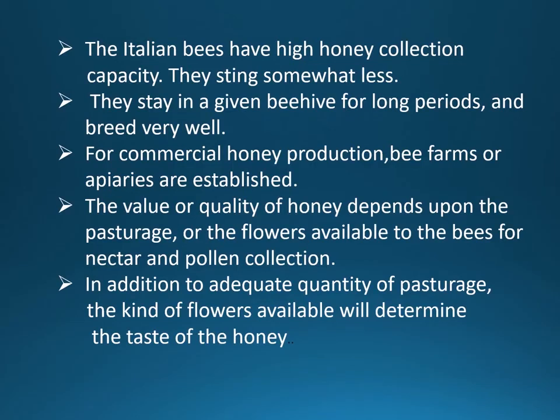So in addition to adequate quantity of pasturage, the kind of flowers available will determine the taste of the honey. இந்த ரெண்டு பாயிண்ட்டும் ரொம்ப important for the beekeeping. Beekeeping na apiculture nu சொல்லுவோம்ல.